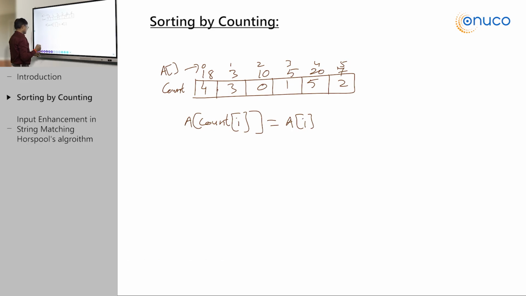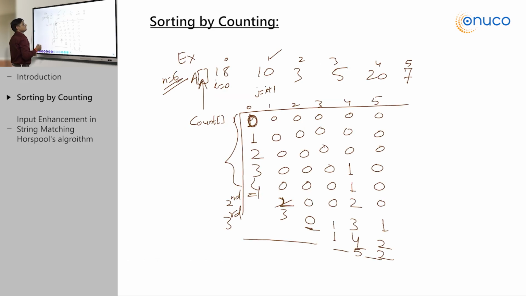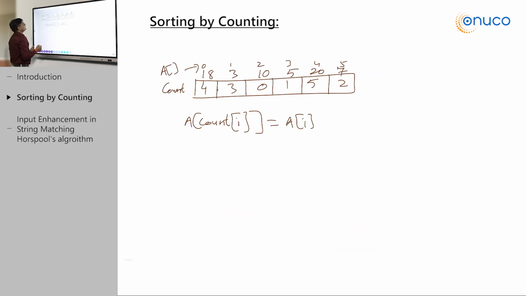Probably this value was there. These are all the values, and this is A of I. Where are you going to place it? At A of count of I, count of 0. What is the count of 0? 4. A of 4 is equal to A of I. What is the value of A of I? 18. So A of 4 is equal to 18.